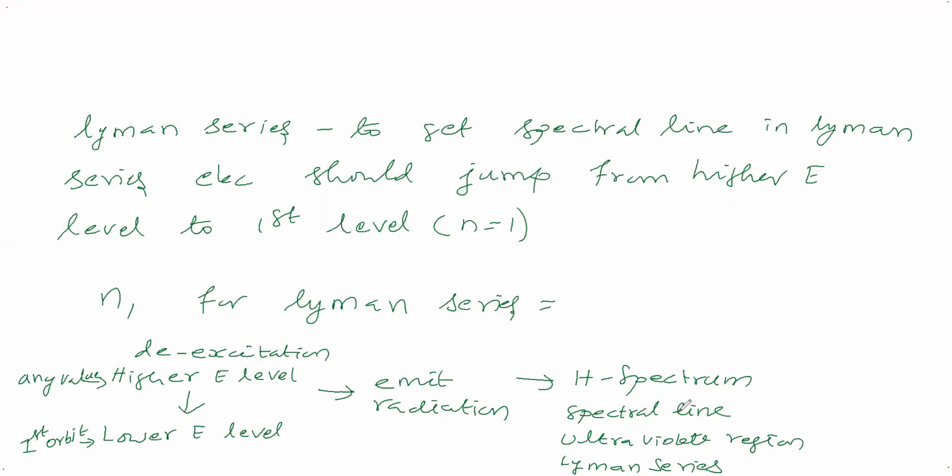To get a spectral line in the ultraviolet region, the manner in which the electron should go for de-excitation is explained by Niels Bohr. What Niels Bohr says is that the electron jumps from a higher energy level, which can be any value, but it should come to the lower energy level.